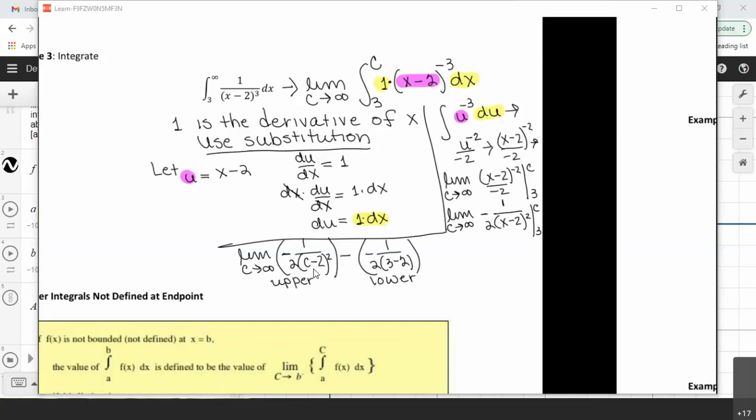What do you think? I'm asking your opinion. Suppose C is something like 5 trillion, heading out towards positive infinity. Will subtracting 2 from 5 trillion change it really? No. Not if C is huge.